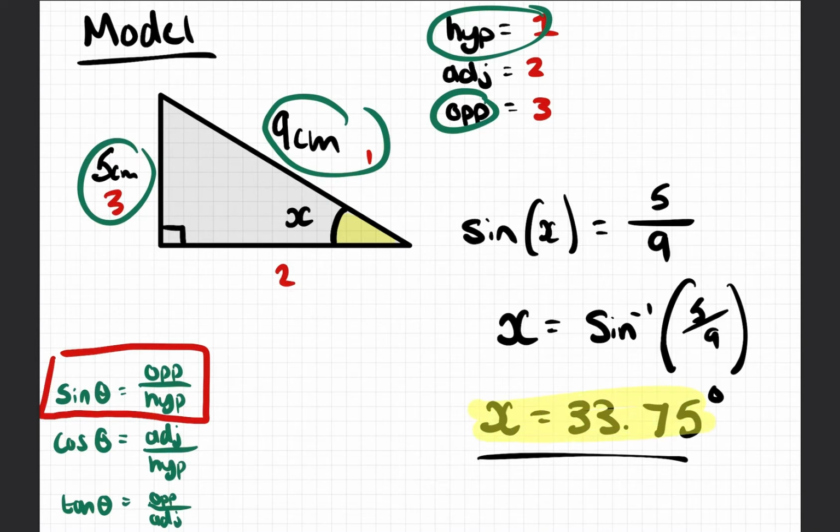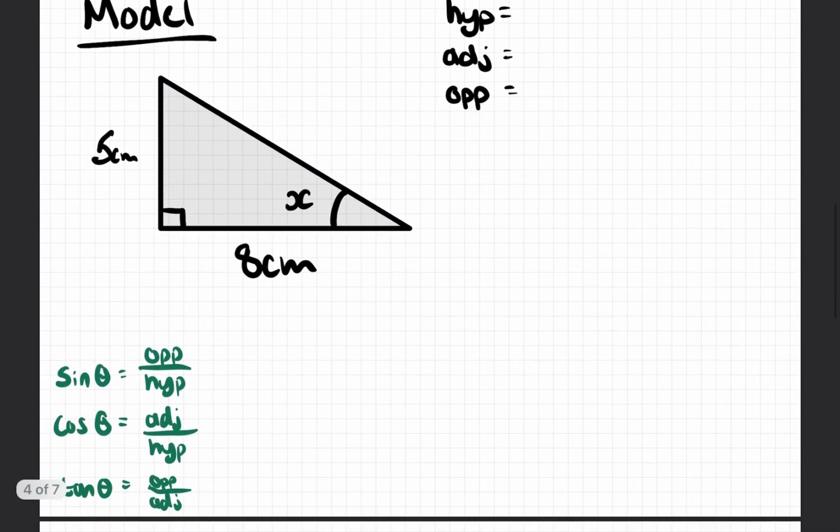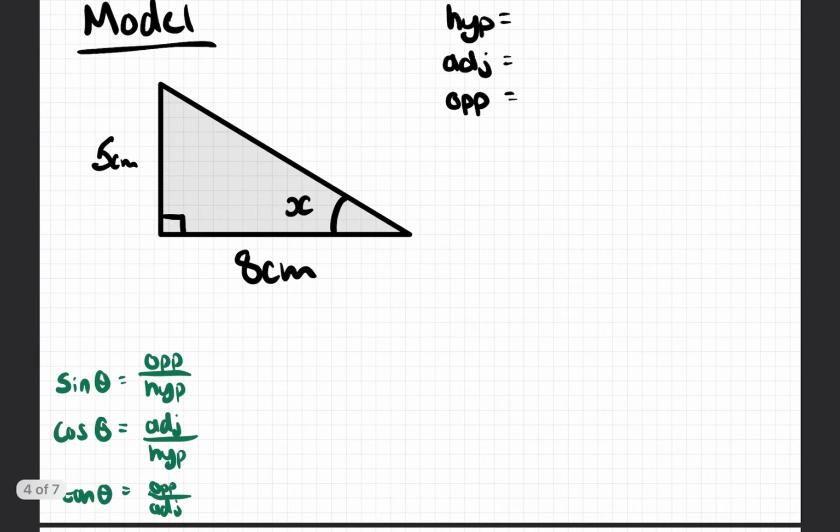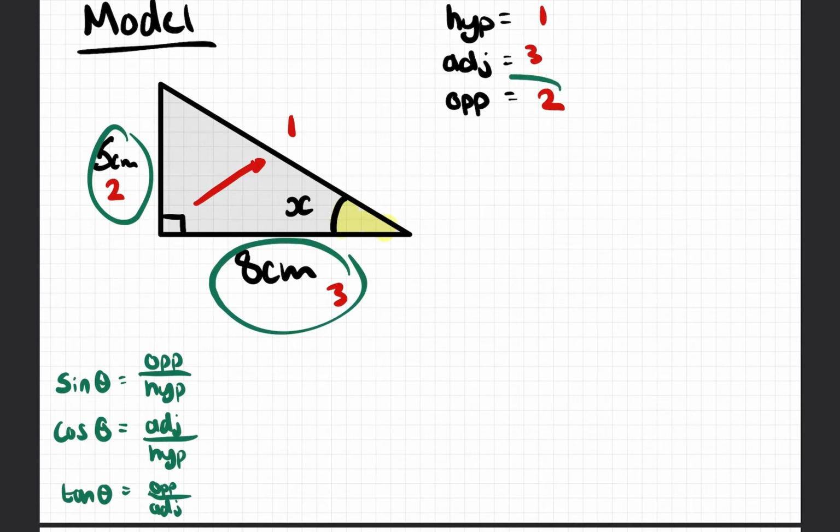Let's do one more. Okay, here we are, same style, different numbers. So let's have a look. What do we know? Well, this is our angle, and opposite the right angle, that's our hypotenuse, number 1. The side opposite is the opposite of the angle, and what's left again, adjacent, there we are. So we know the opposite and we know the adjacent. Okay, what has opposite and adjacent in it?